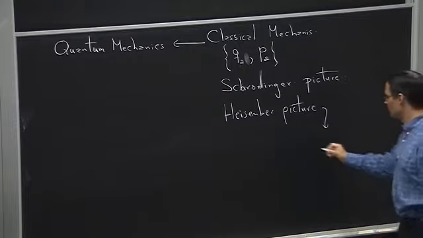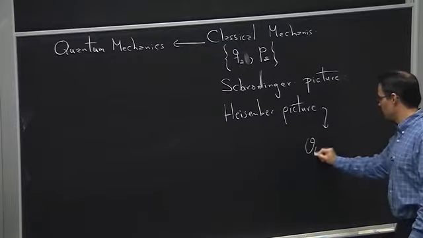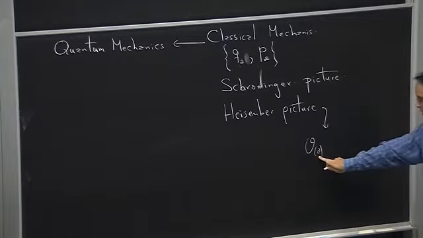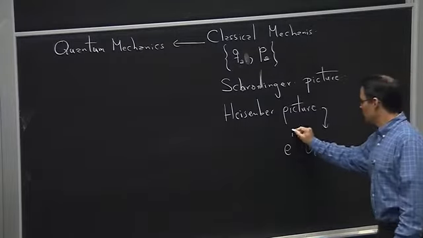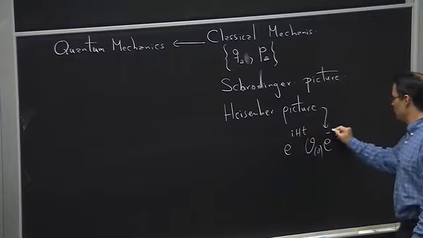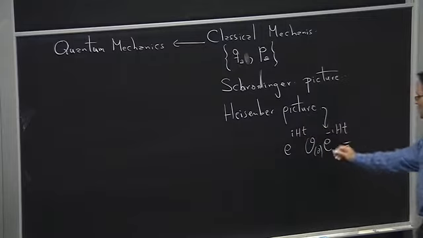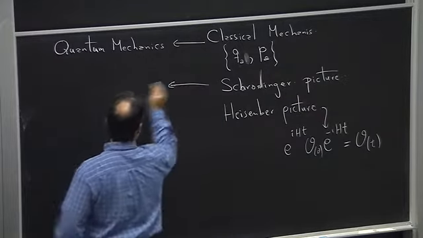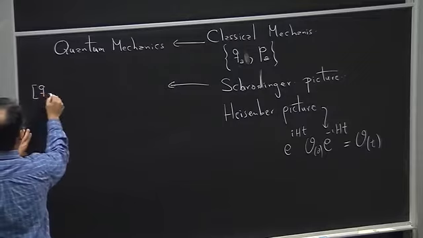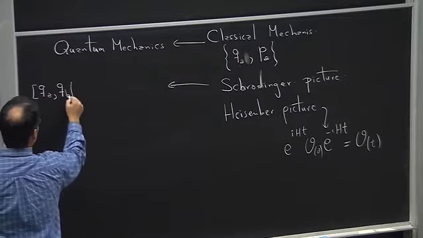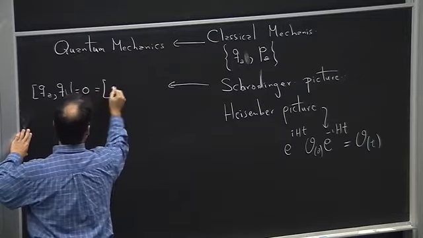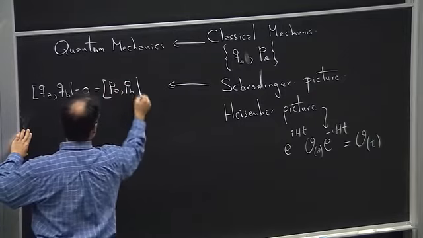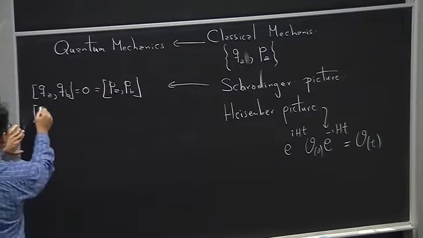Well, if you have an operator, you can think about this operator as given at some time 0, and then you induce the time dependence by acting on it with the Hamiltonian of the theory. Okay? So in the Schrödinger picture, we usually think about imposing canonical commutation relations of this form.